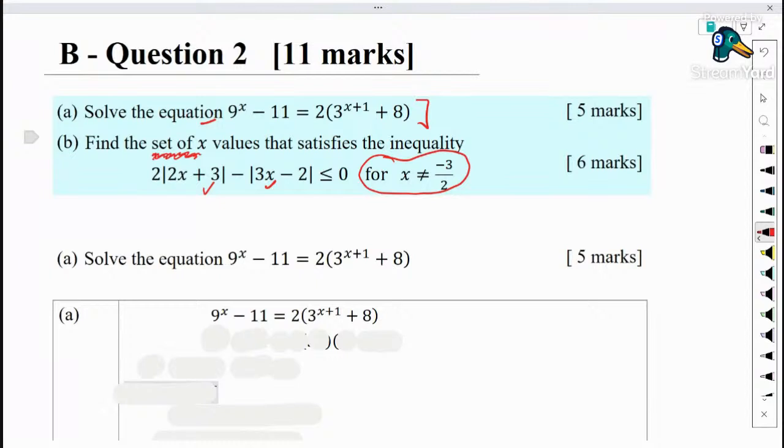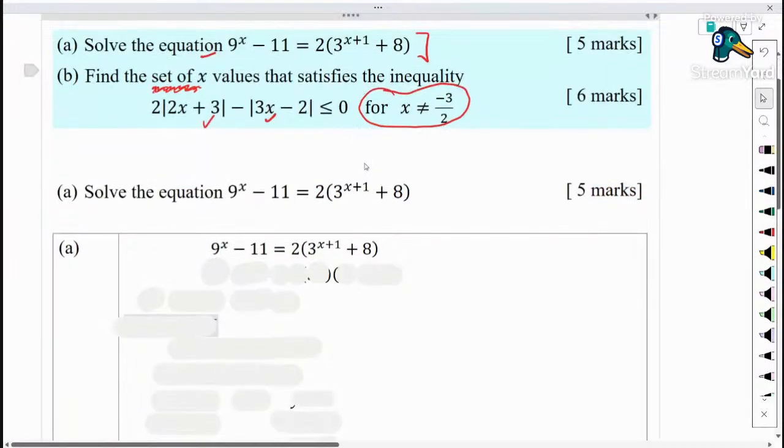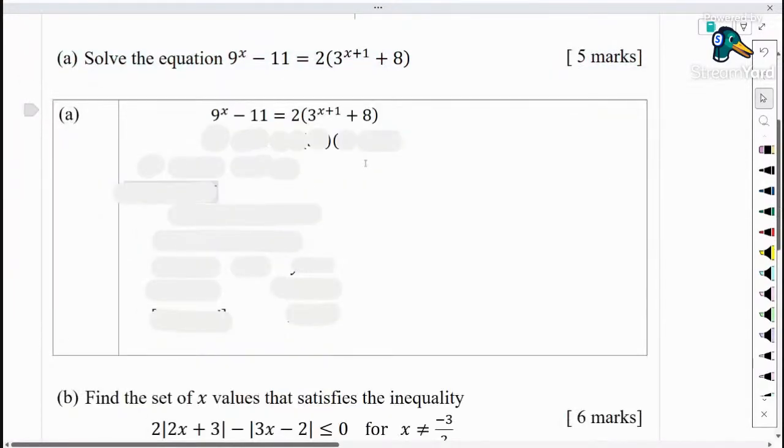So now, we go on with the part A question. Solve the equation. As we can see, this is the case of an indices equation. So let us identify where we have the index terms. We have 9 power of x and 3 power of x plus 1.